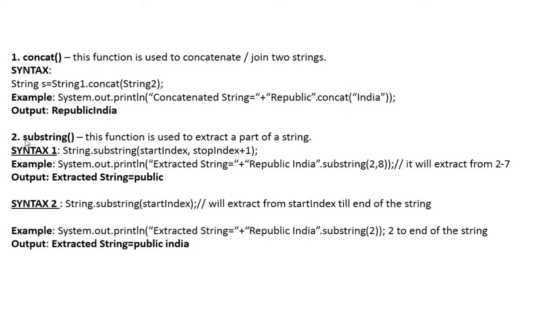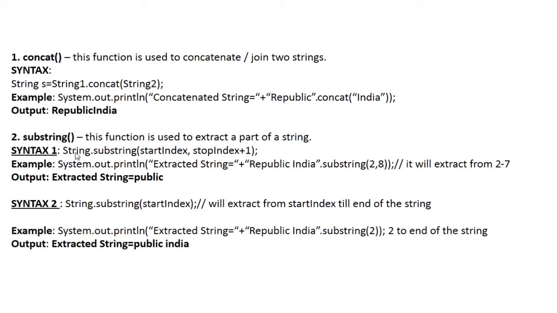Let us see the next function, substring. This function is used to extract a part of a string. It means it will take out some of the characters from a given string. Now this particular function can be used in two ways, syntax 1 and syntax 2.